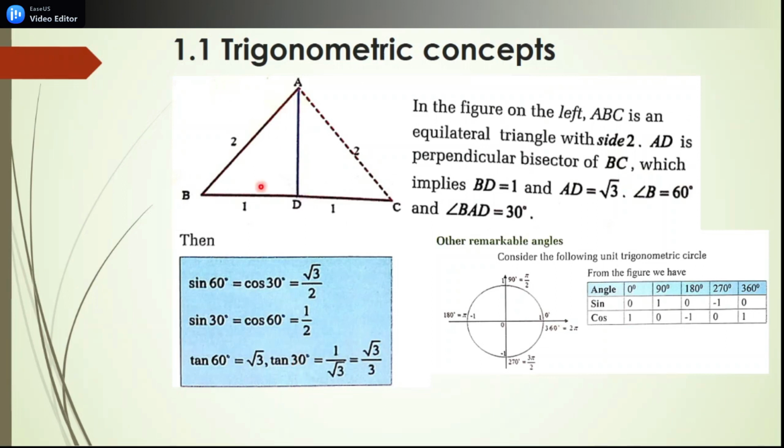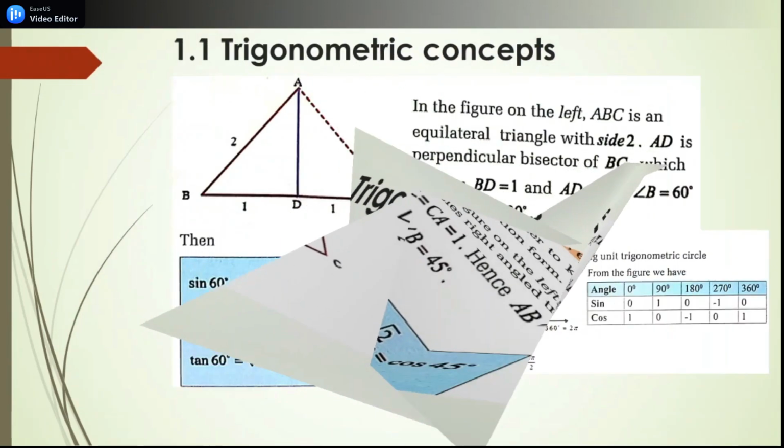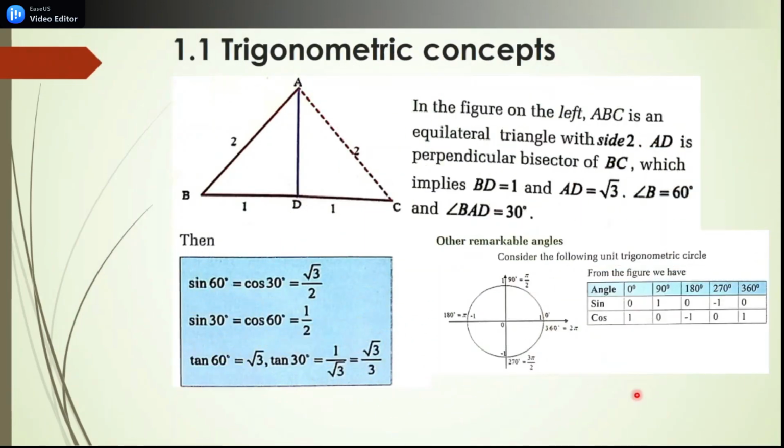We have opposite side over adjacent side, meaning it is equal to 1 over square root of 3. So from this relation, we can also calculate the values for 0 degrees. Sine of 0 is equal to 0, cosine of 0 is equal to 1, and so on, as here you see 360 degrees.